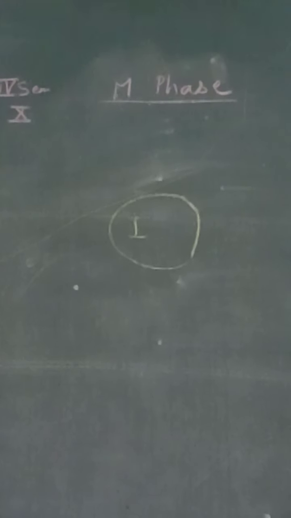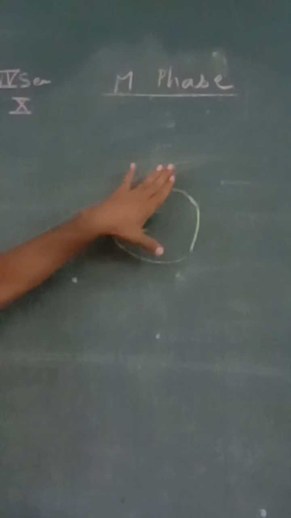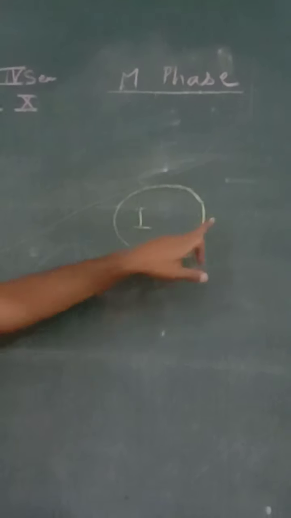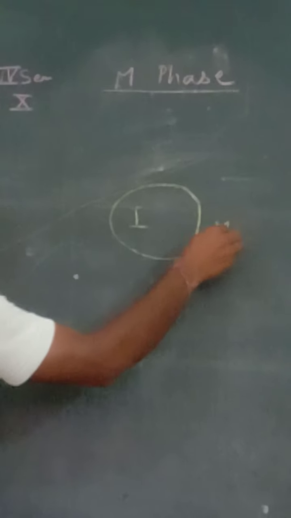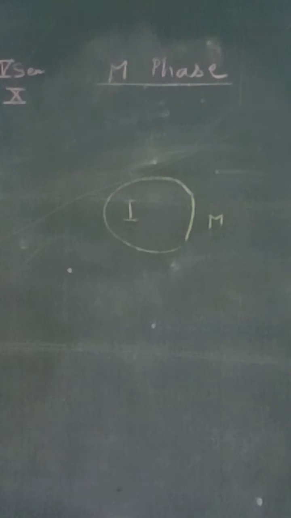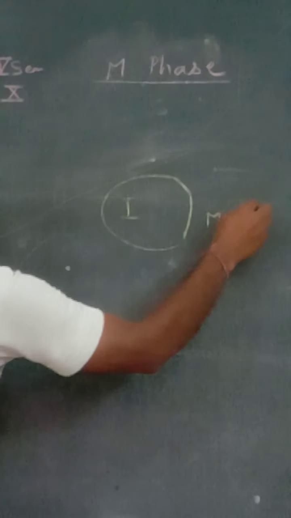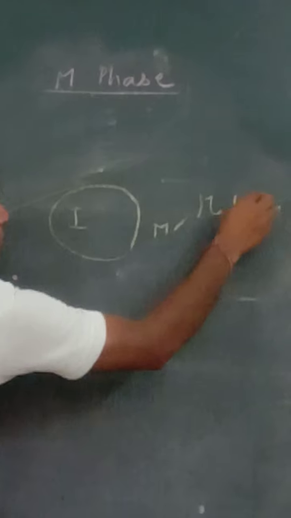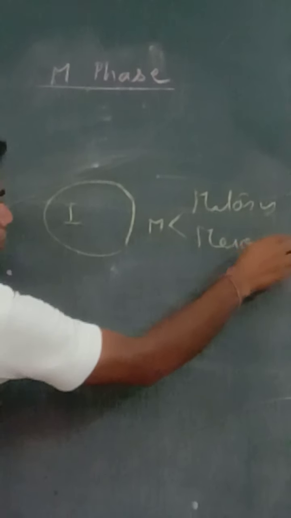First, the genetic material becomes duplicated, replicated, and then the segregation of this genetic material takes place in the M phase. Now, this M phase can be mitosis or it can be meiosis.